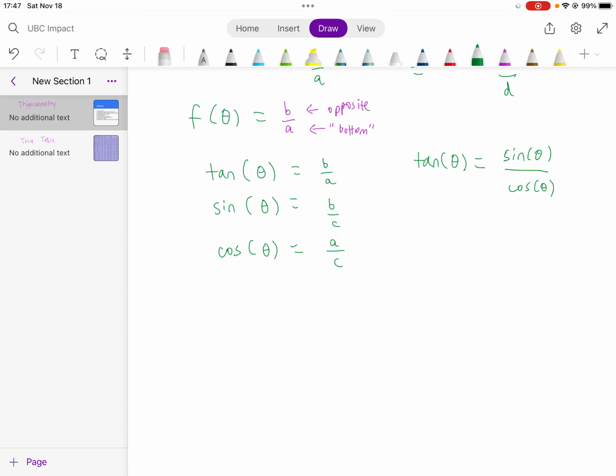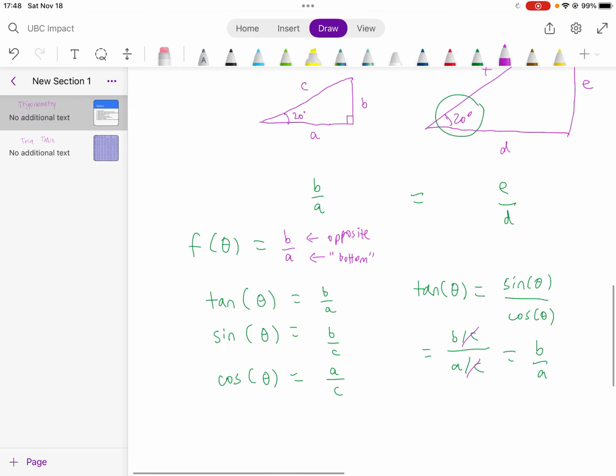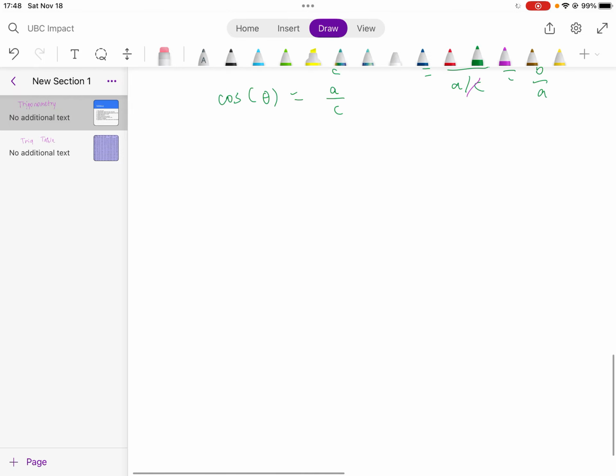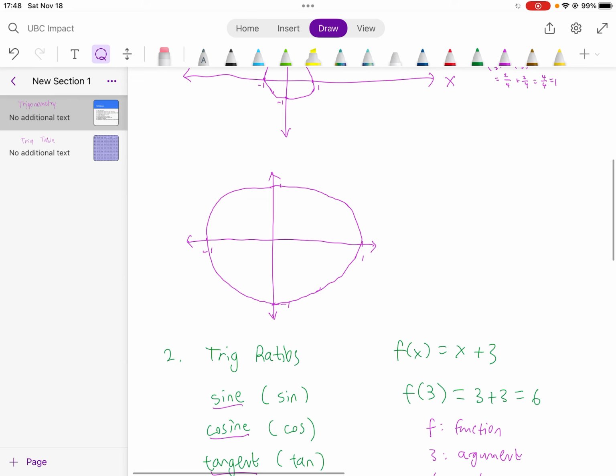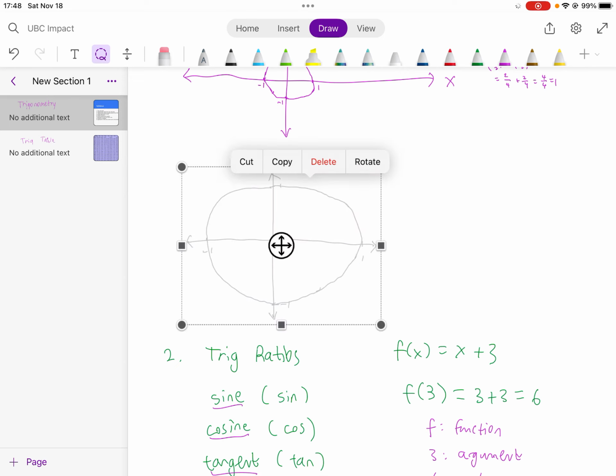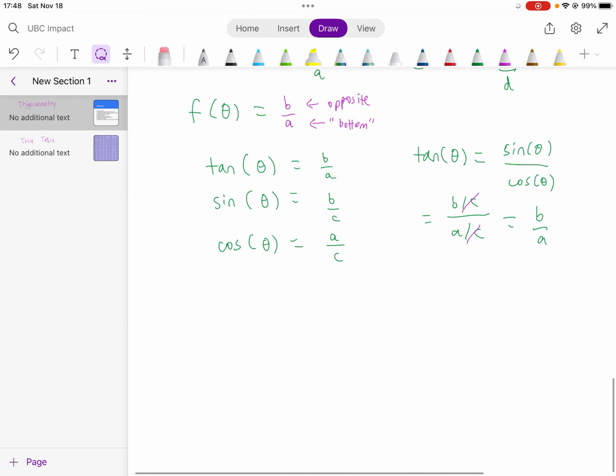And the reason why is because sine is b divided by c and cosine is a divided by c, so we can cancel out these divided by c's. That's just the rule of algebra, and we end up with b over a, which is the definition of tangent. So this rule is going to come in handy later. Okay, let's go back to the unit circle now. So let's go up here and copy our very nice big unit circle.